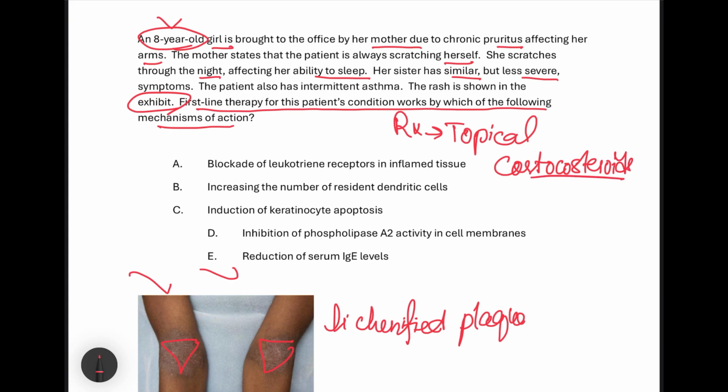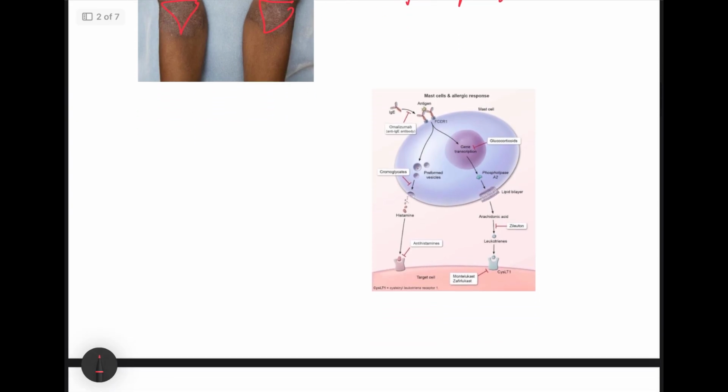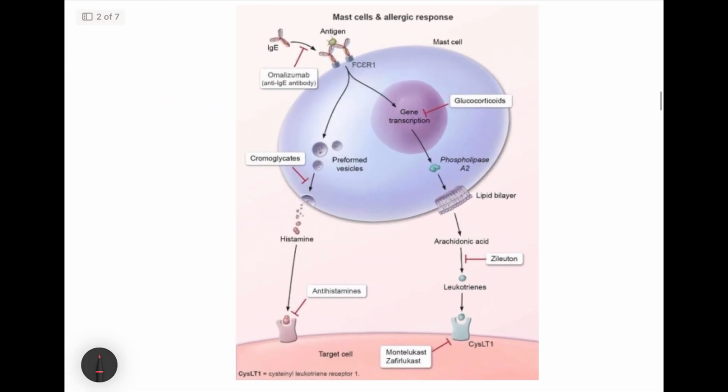The corticosteroids bind to cytoplasmic receptors and translocate to the nucleus, where they act primarily by inhibiting the transcription of genes encoding inflammatory mediators, and there are some specific mechanisms included in the diagram. If you focus, this is a mast cell. This is the nucleus where there are genes. The gene transcription is going to be inhibited, going to stop, by glucocorticoids.